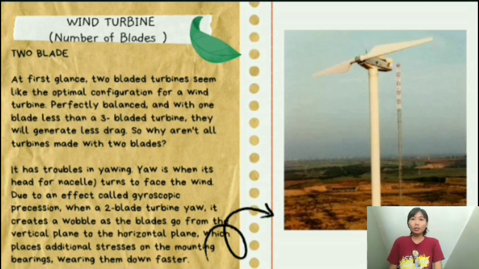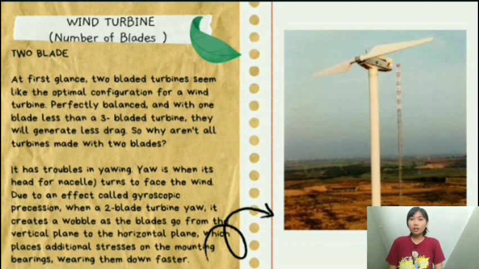It has trouble in yawing. So, yaw is when its head or nacelle turns to face the wind due to an effect called gyroscopic precession. When a two-blade turbine yaws, it creates a wobble as the blades go from the vertical plane to the horizontal plane, which places additional stresses on the mounting bearings, wearing them down faster.